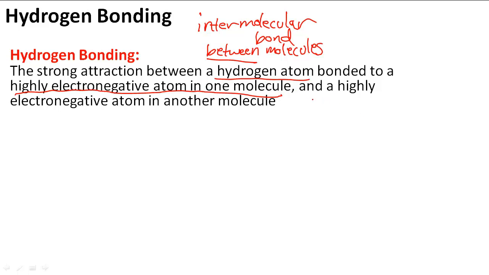So let's take for example H2O, which is a great example of the different types of strong attractions that can happen. So O and H, N and H, and F and H are all good examples of strong attractions and bonds that could produce hydrogen bonding.